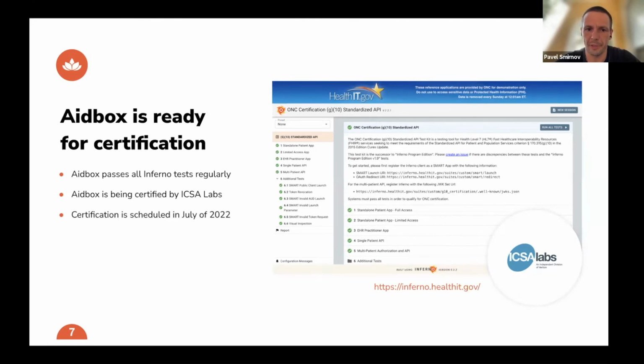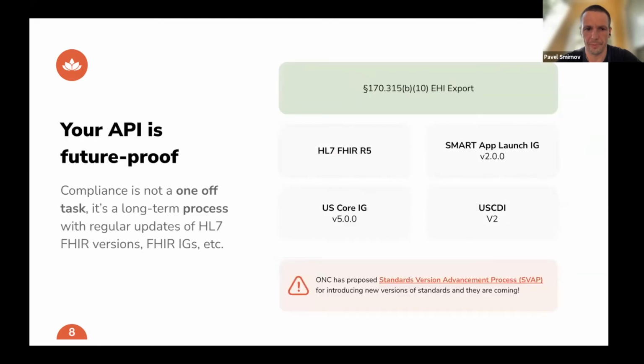Inferno is built into the CI/CD pipeline, and we actually have a publicly available Aidbox instance, which anybody can register with and run all Inferno tests and see how it complies with all the requirements. We can share a link if you request it. Aidbox is being certified by ICSA Labs, and certification is coming July of 2022.